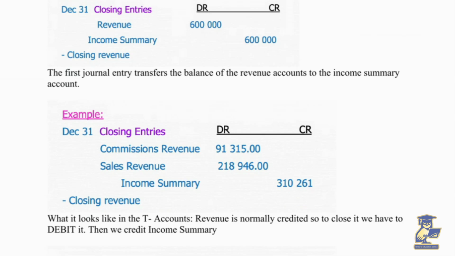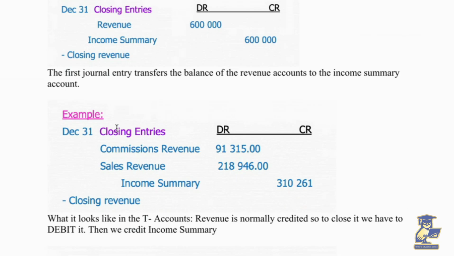So if our revenue account is at 600,000, we're going to debit 600,000 and we are going to credit that income summary account for 600,000. So our debits are still equaling our credits. And again, it's just so that we can transfer slowly the revenue and expenses to our capital. So we're going to use this income summary for a little bit.